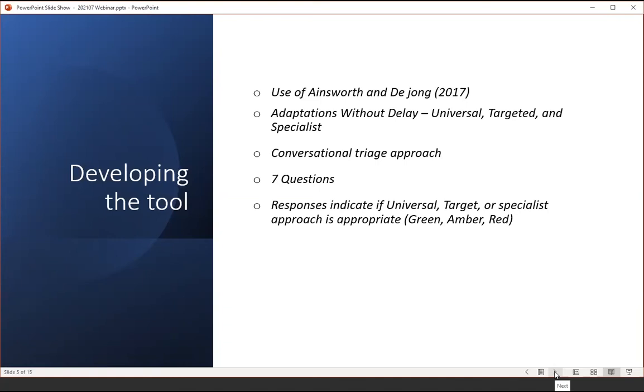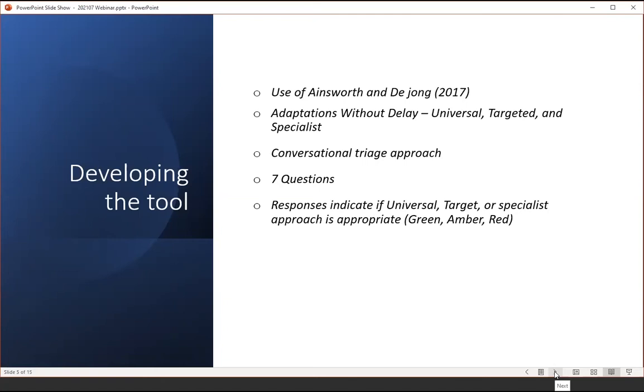It's a triage tool that is more of a conversation, and it's based around 7 questions, once again, that falls out of Ainsworth and Dijon's work.